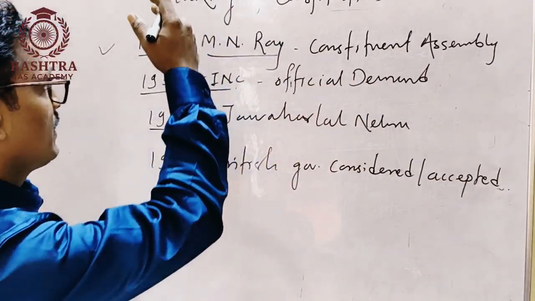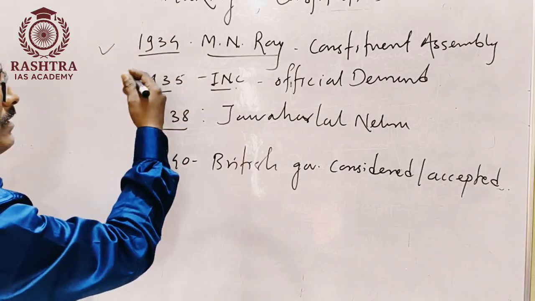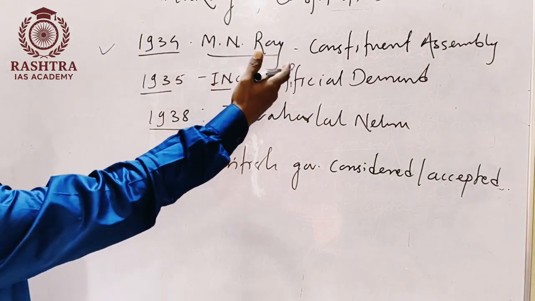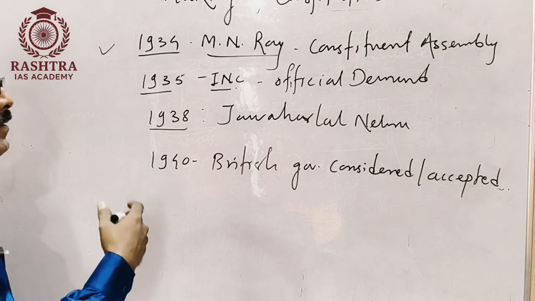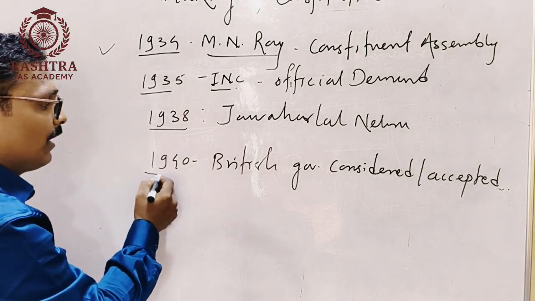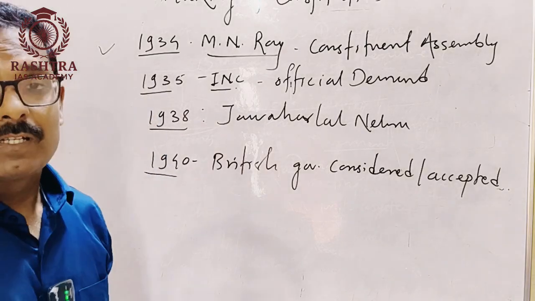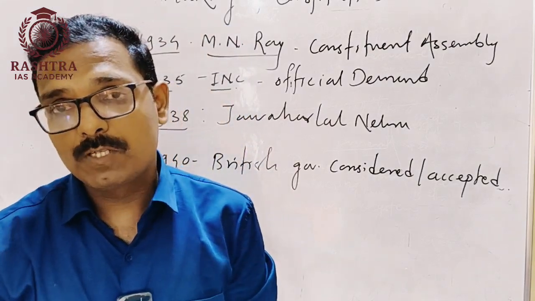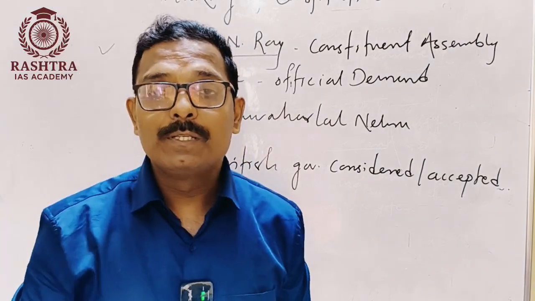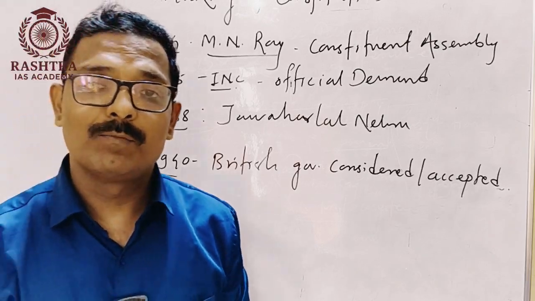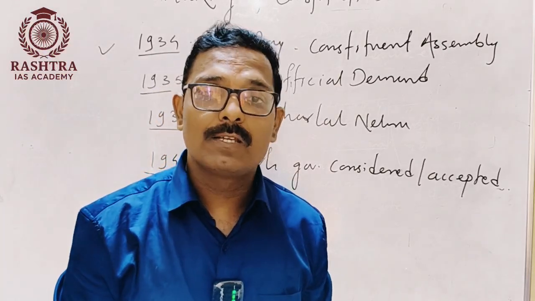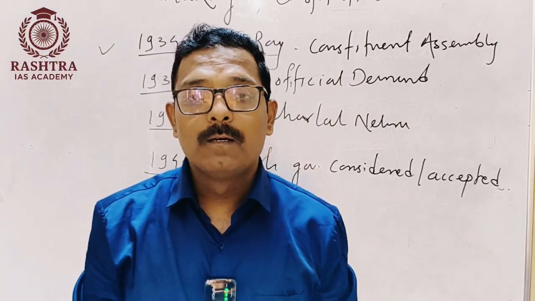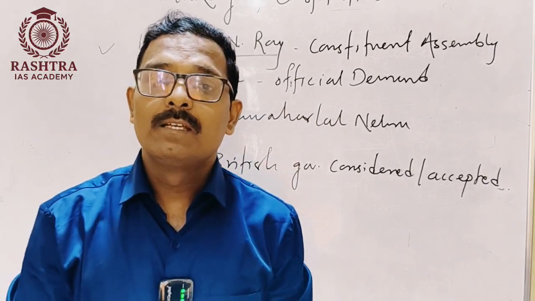We started to demand it in the 1930s, when great leaders of our country began in 1934. After 6 years, the British government considered and accepted the demand, and after the acceptance, to check the feasibility of having a constituent assembly for India, the British government sent a commission to India.